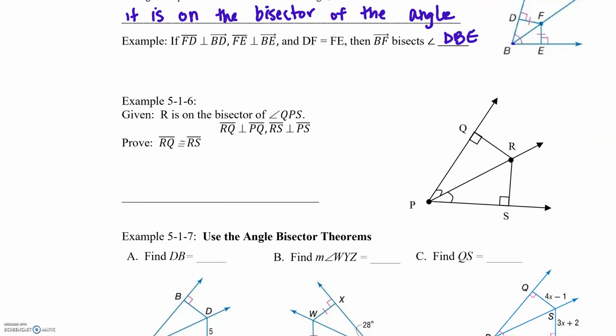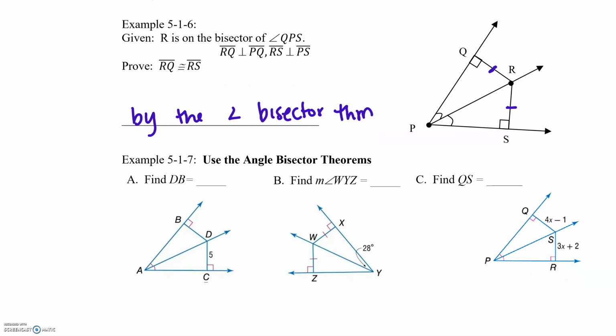So what that means for this example here is if R is on the bisector of this, and we know that this is perpendicular, these angles here are being bisected, then this segment is congruent to this segment by the angle bisector theorem.